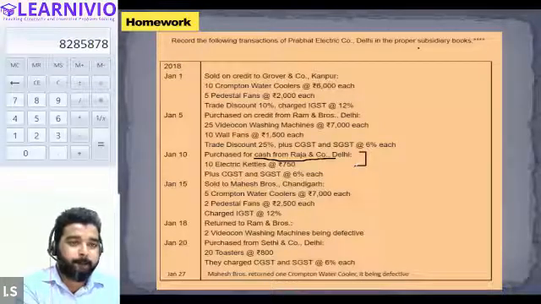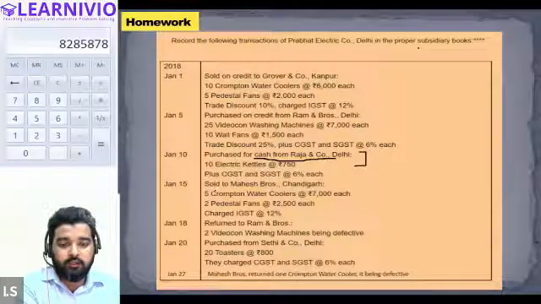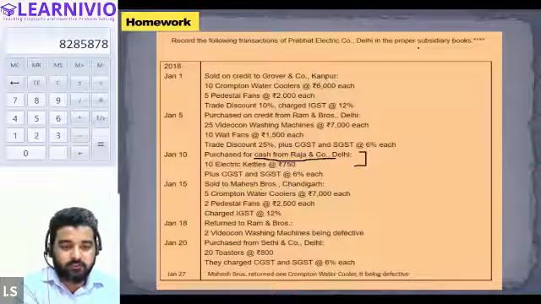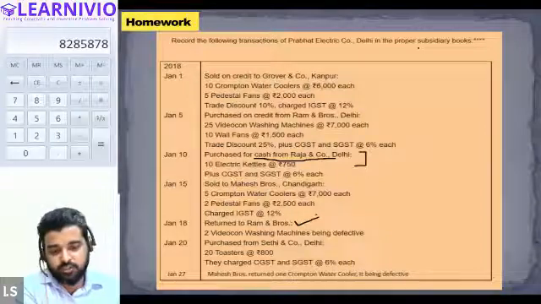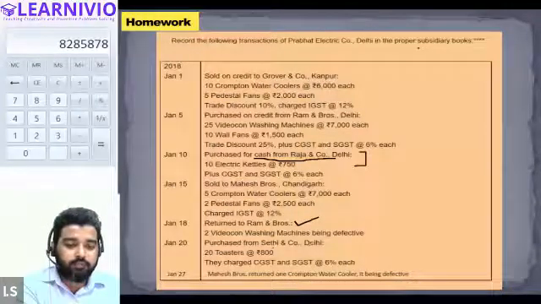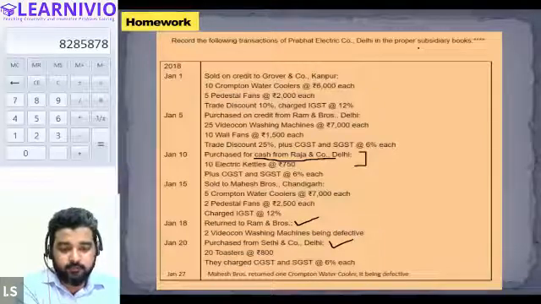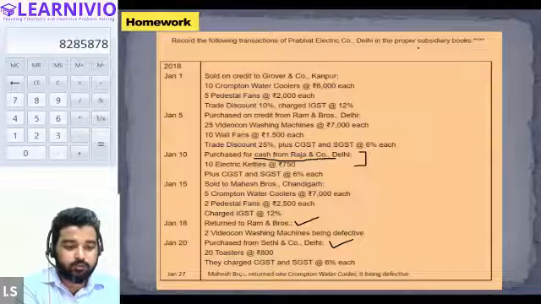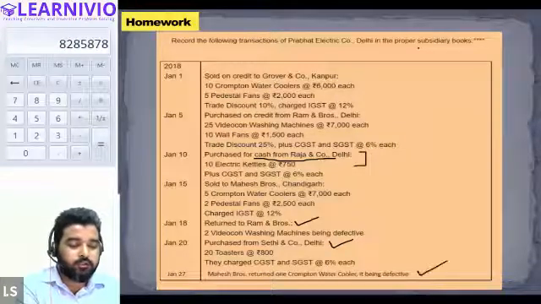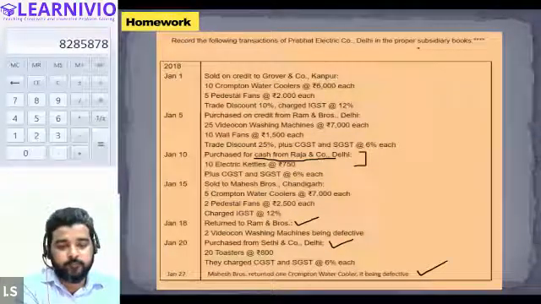Okay, sir. Sold to Mahesh Brothers, sales book. Return to Ram Brothers, purchase return book. Purchase from CT, purchase book. And on the 27th, Mahesh Brothers returned one Crompton. This is basically the sales return book.